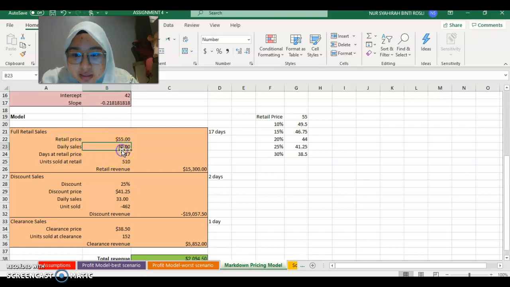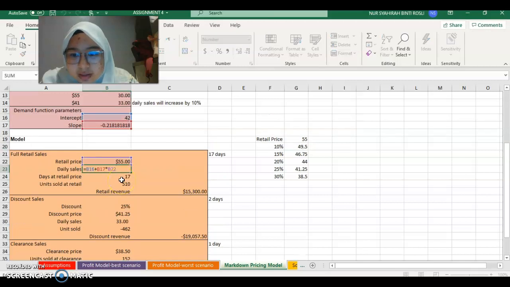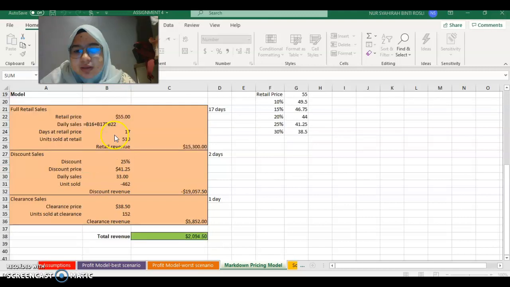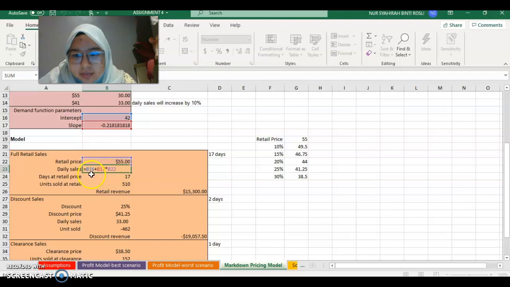The model, at full retail sales, the retail price is 55 ringgit. This is how I get the daily sales: the value of the slope plus the value of the intercept, then I multiply with the retail price.